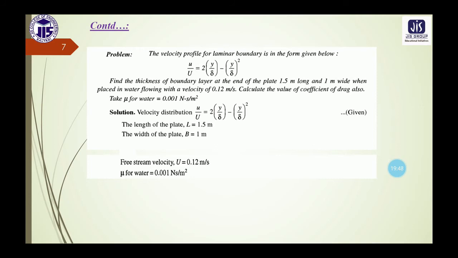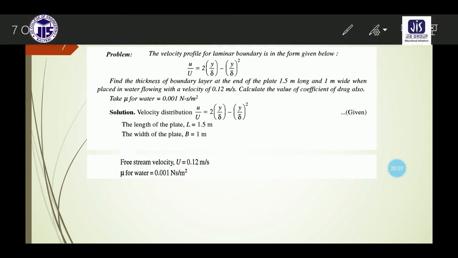So this skin friction coefficient is also known as the coefficient of drag, CF or CD. The dynamic viscosity of the water is given as 0.001 Newton second per meter square. Now let us move to the earlier page.